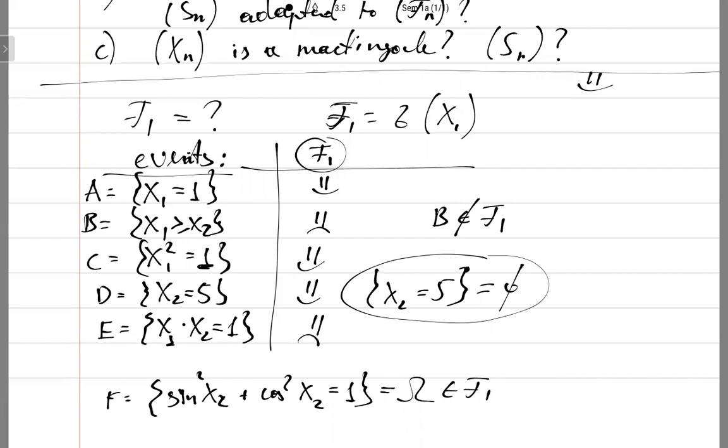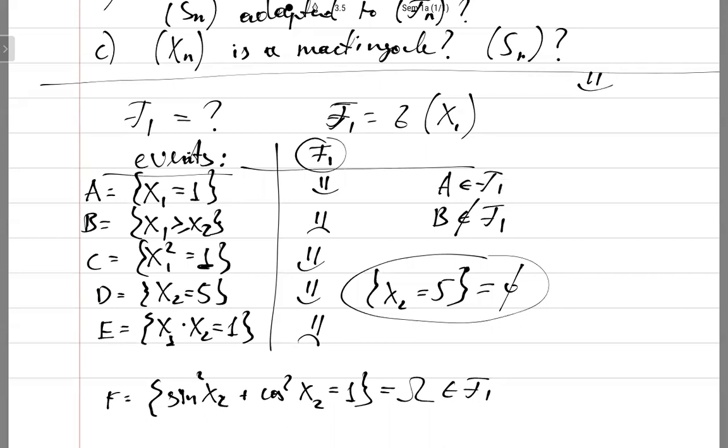Yeah. So what is a sigma algebra? It's a list of events, and for each event in the list, you have enough information to say whether the event has happened or not. At moment 1, I have enough information to say whether x1 is 1, so A is in the list F1.